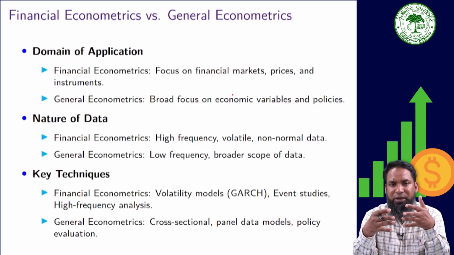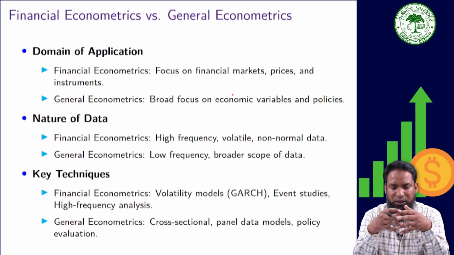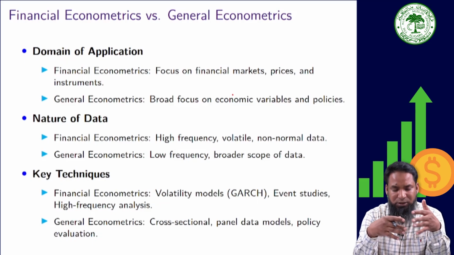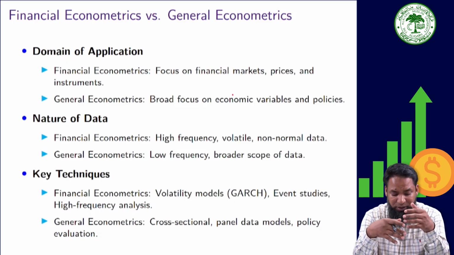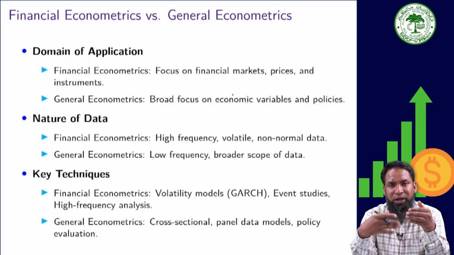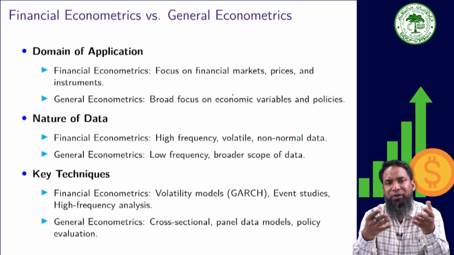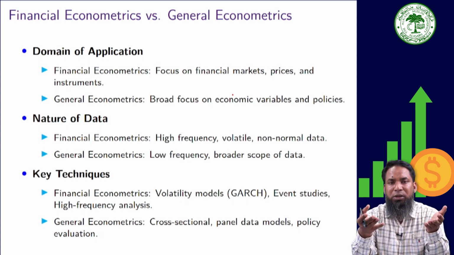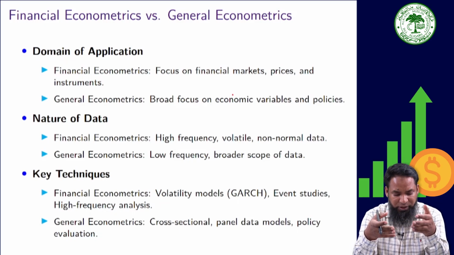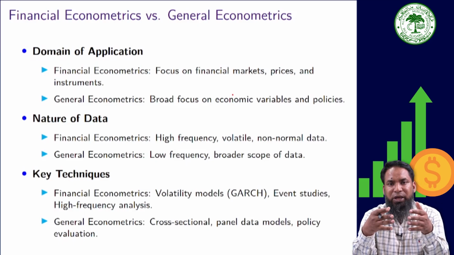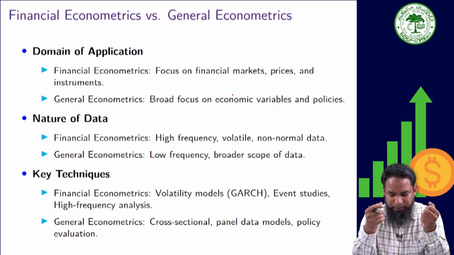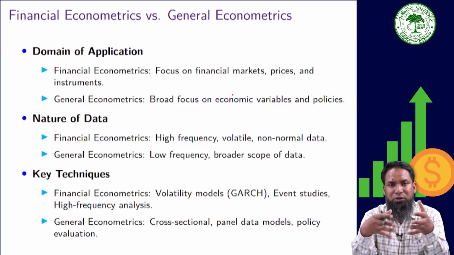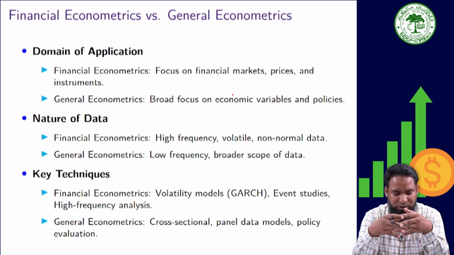Similarly, regarding the nature of data, in financial econometrics we often deal with high frequency data, with volatile or time-varying characteristics, which often shows a non-normal distribution. Whereas in general econometrics, most of the time we deal with low frequency data, for example annual, quarterly, or at most monthly, and we have a further broader scope for general econometrics.